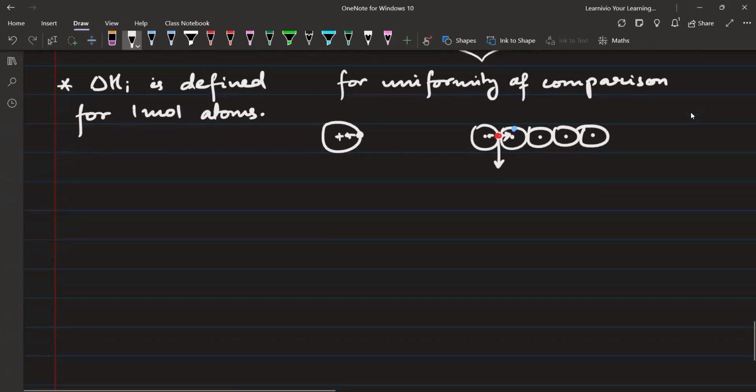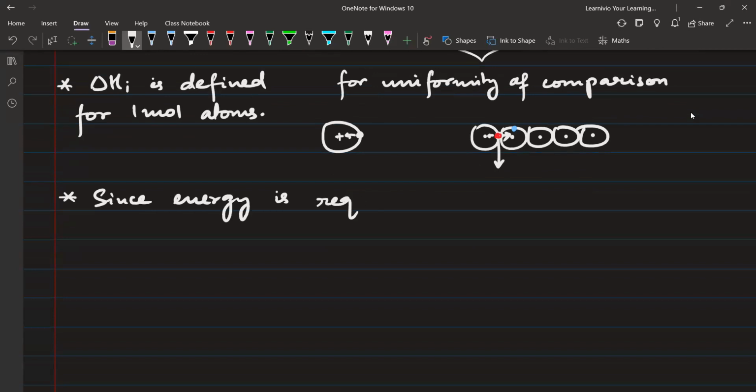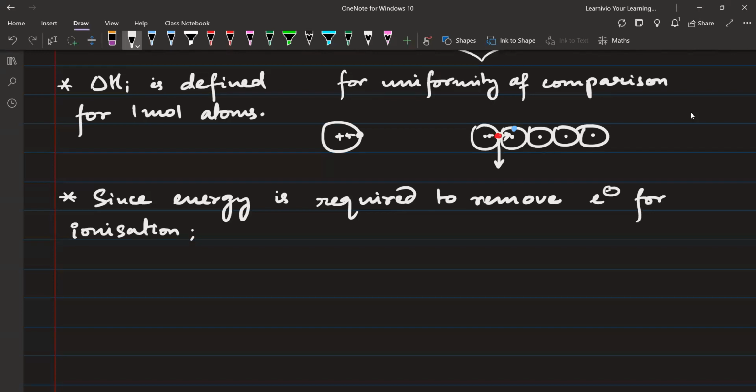Now, another part: energy is required to remove electrons. Why does it require energy to remove an electron? Because we have to break the attraction between the nucleus and the electron. So ionization is an endothermic process.